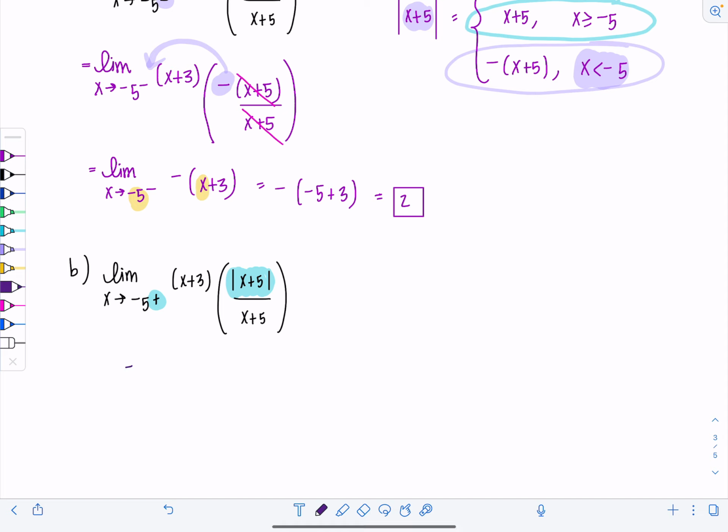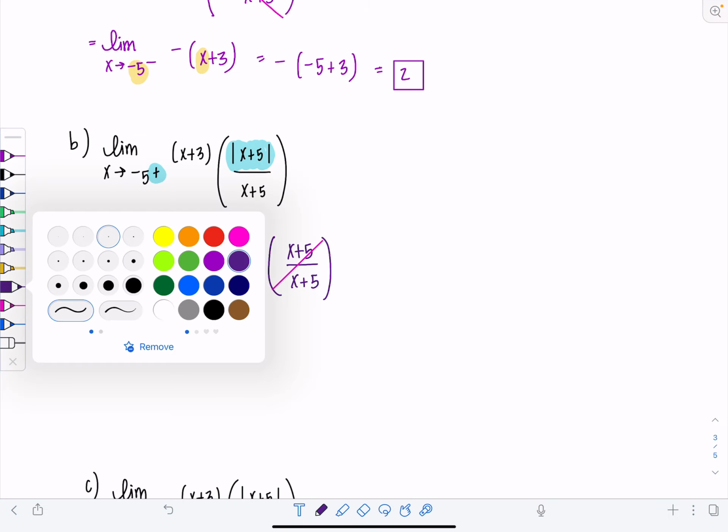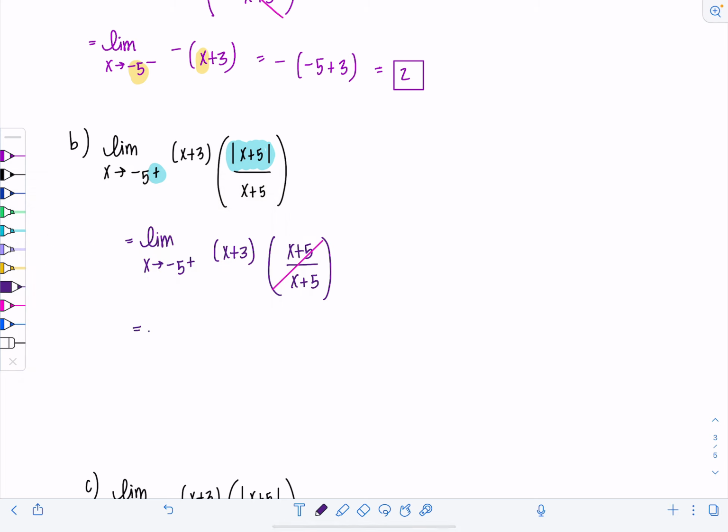Okay, so we've got the limit as x approaches -5 from the right of x plus 3 times x plus 5 over x plus 5. That just all cancels out to 1. And then now we can just directly substitute in -5 for x. So we have the limit as x approaches -5 from the right of -5 plus 3. And that is -2. All right, good.